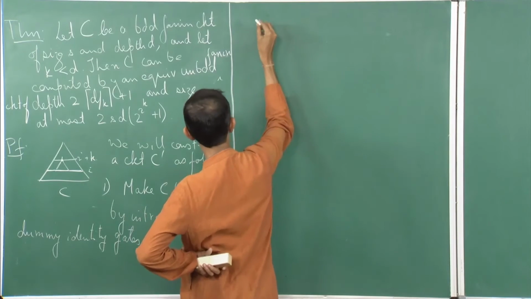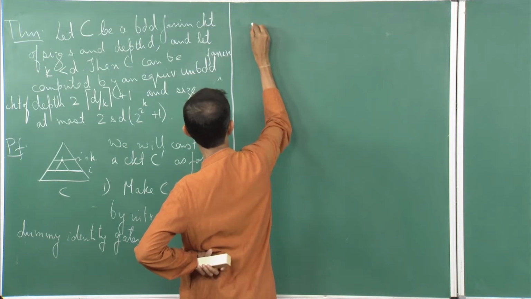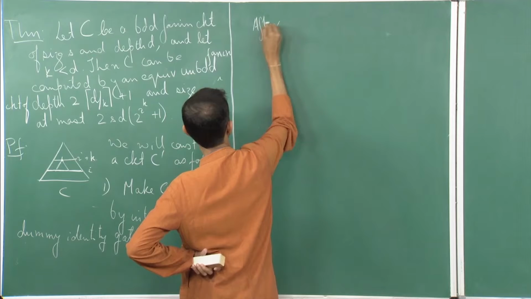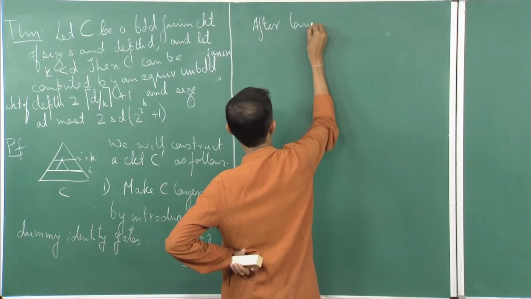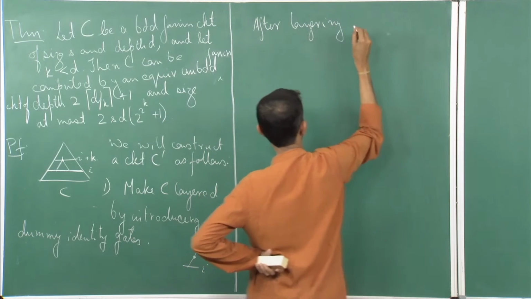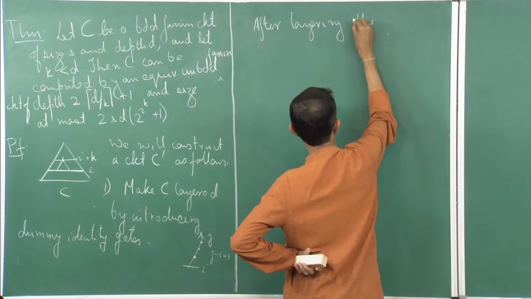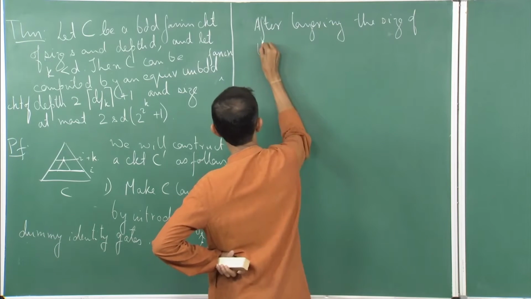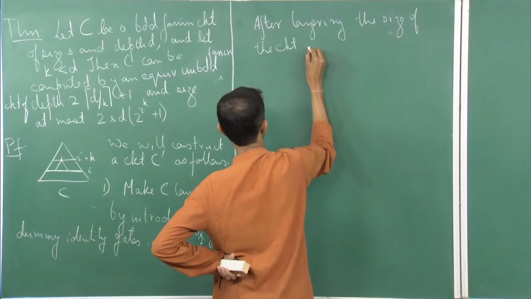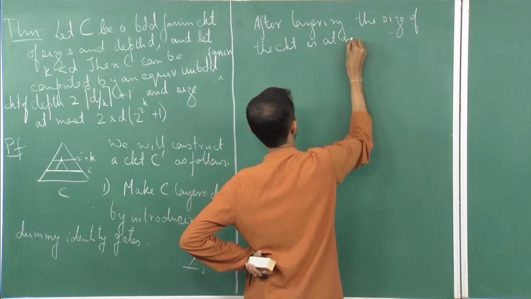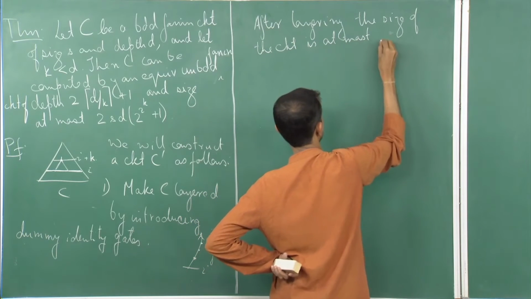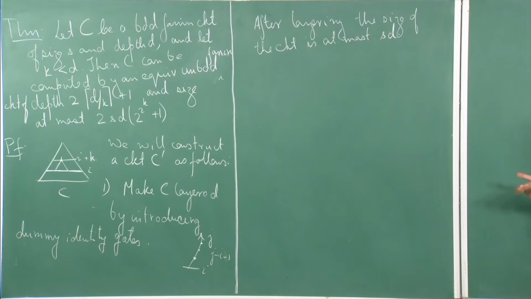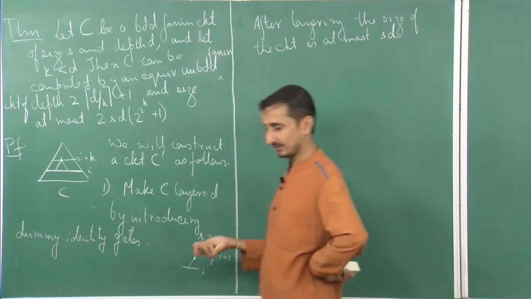So, after layering, the size of the circuit is at most S times T. So, S you can think of as the number of edges in the circuit, okay, so it is a DAG.